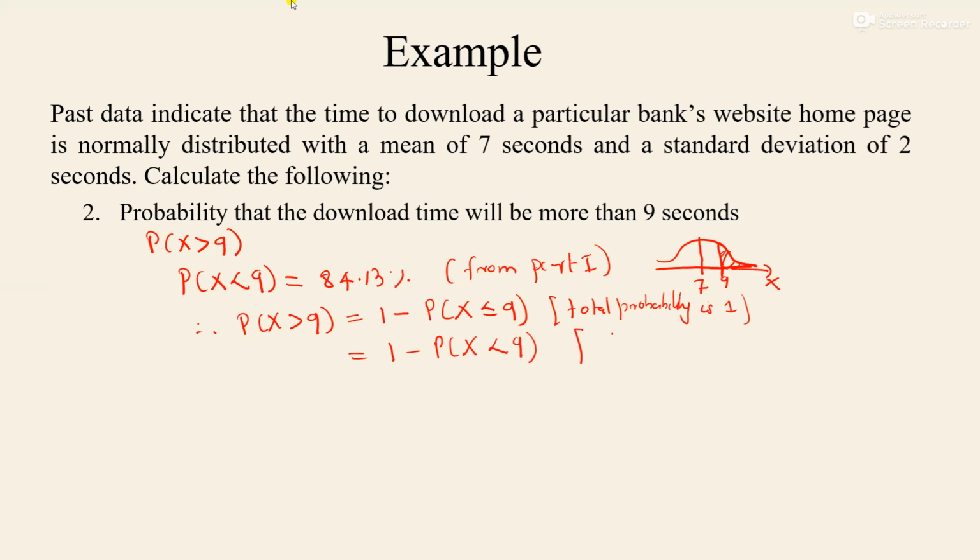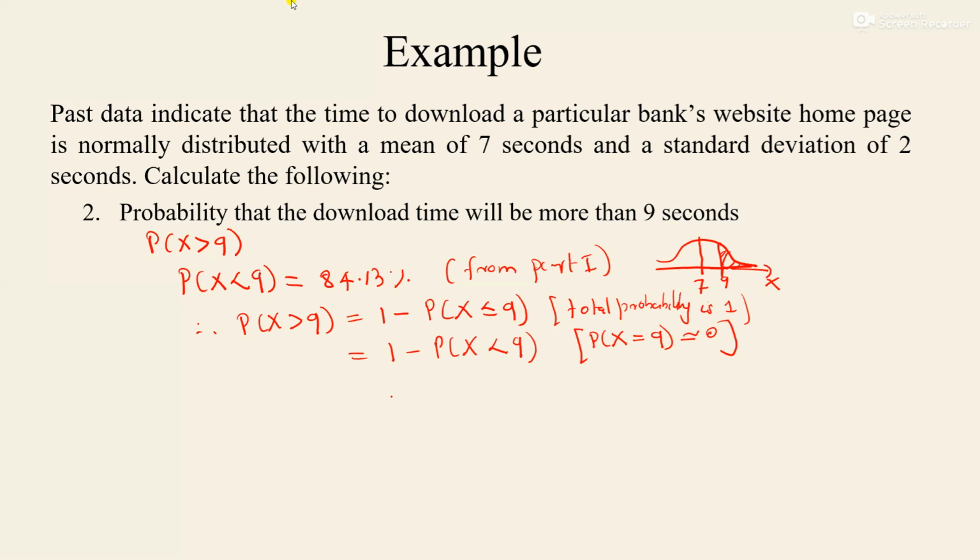We know that for a continuous distribution, the probability of X equal to 9 is approximately 0. So the probability of X greater than or equal to 9 is equal to the probability of X greater than 9.